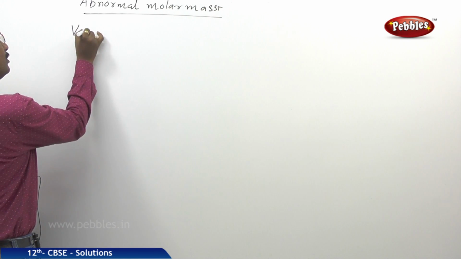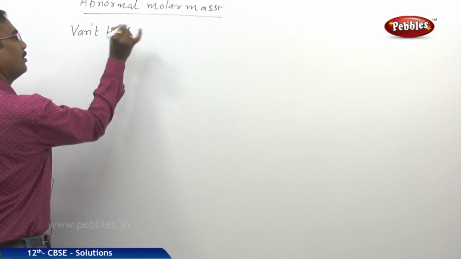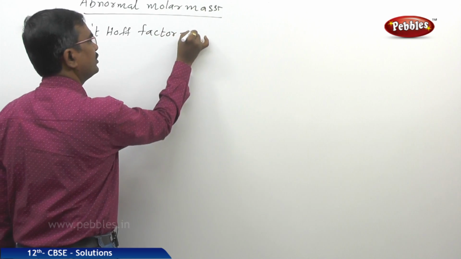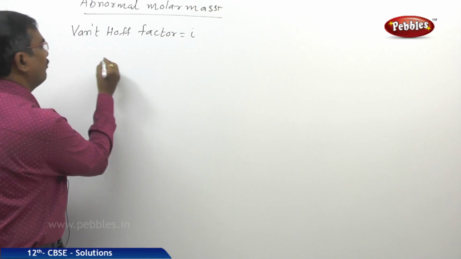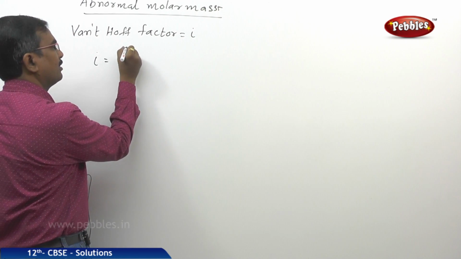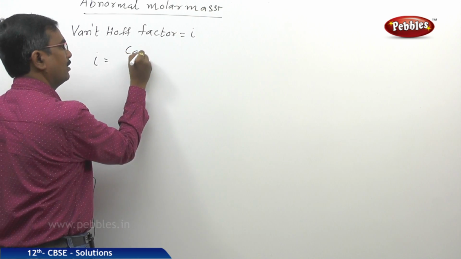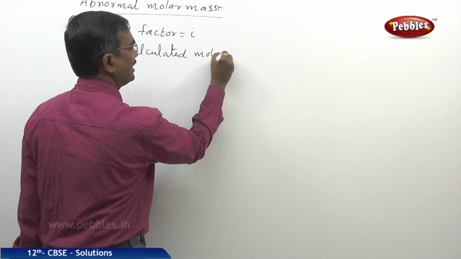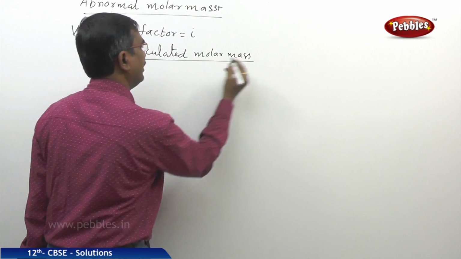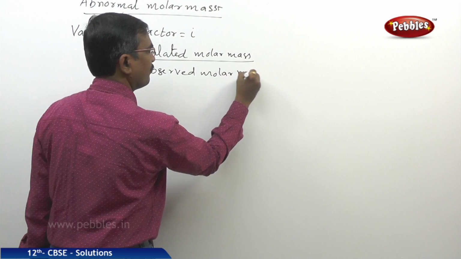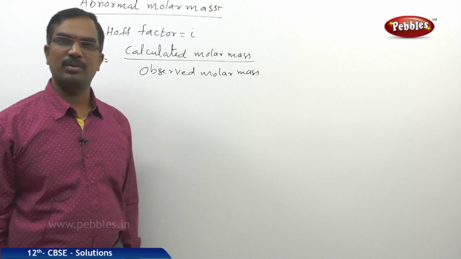That we call abnormal molar mass. In order to understand this, the scientist called Vant Hoff introduced the Vant Hoff factor, which is I. According to him, the Vant Hoff factor I is given by the calculated molar mass divided by the observed molar mass of the solute.